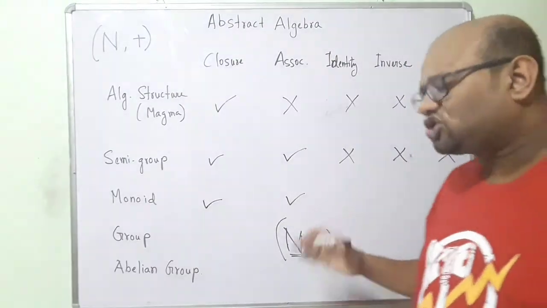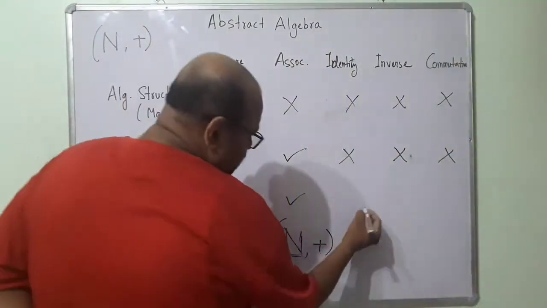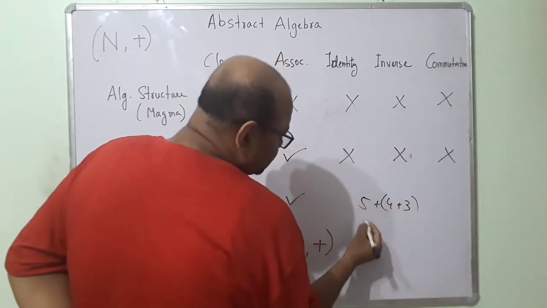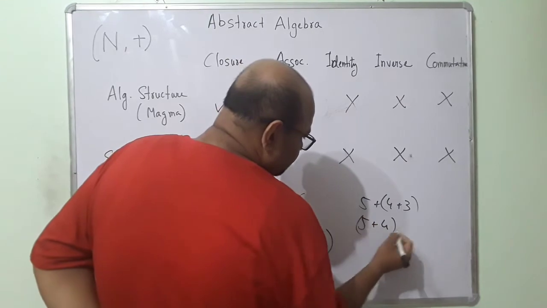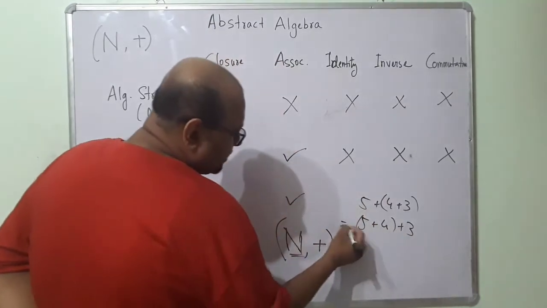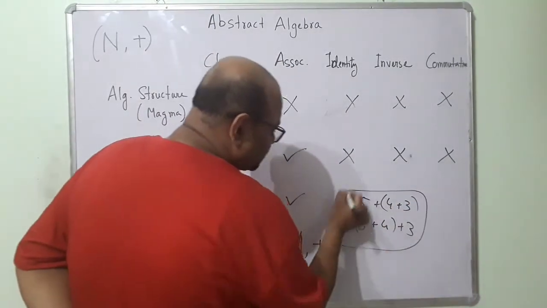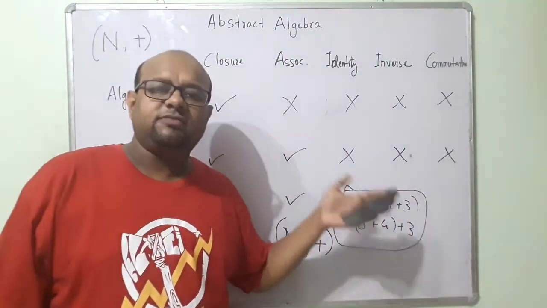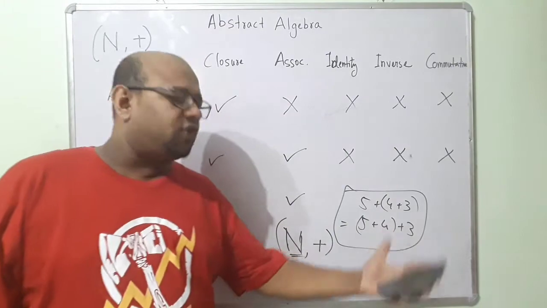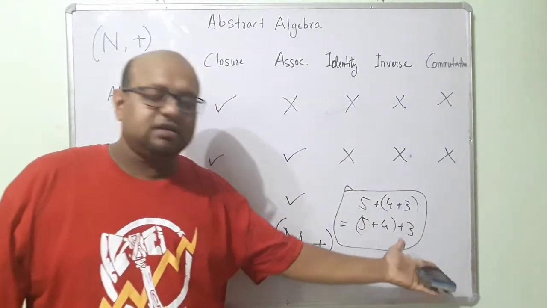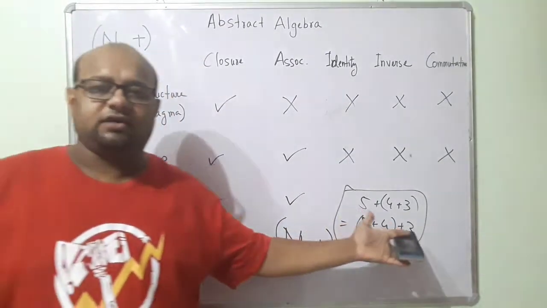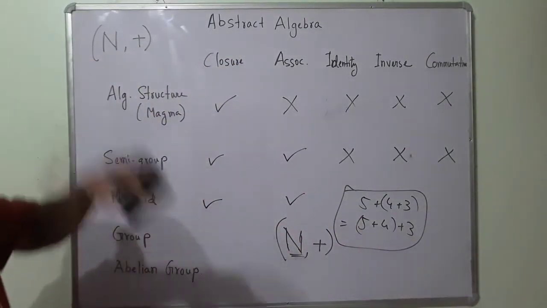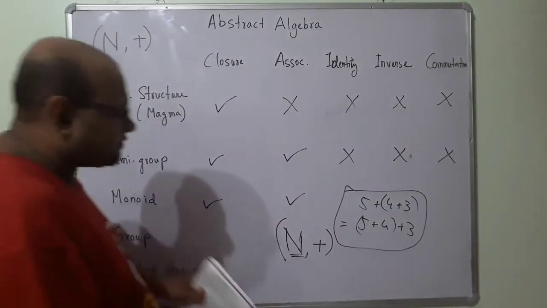We already saw it is associative. 5 plus 4 plus 3, whether I group it one way or the other, both are going to be equal. So left associative is equal to right associative. I gave an example here, but it is going to be true for any natural numbers that you take, not only 5, 4 and 3. So the associative property is true.